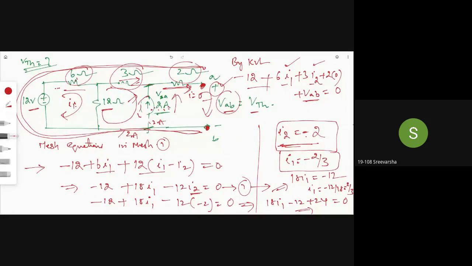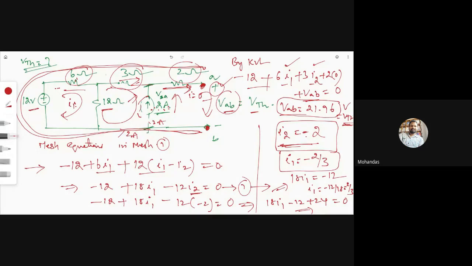VAB equal to 21.96 volts, which is equal to VThevenin. Okay, so VThevenin we calculated.